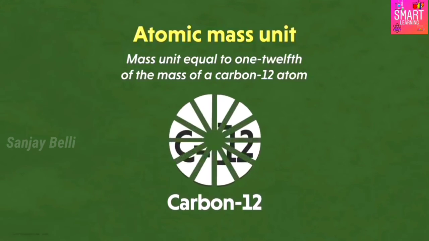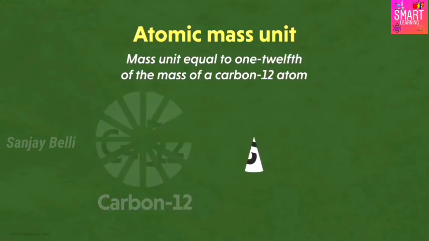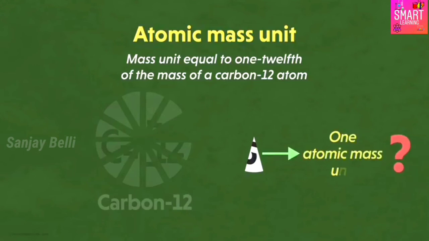We divide this into 12 exactly equal pieces and take one piece out of the complete unit. Can we say the mass of this single piece is one atomic mass unit? Absolutely. And this is used as a standard to calculate the atomic mass of any other atom.